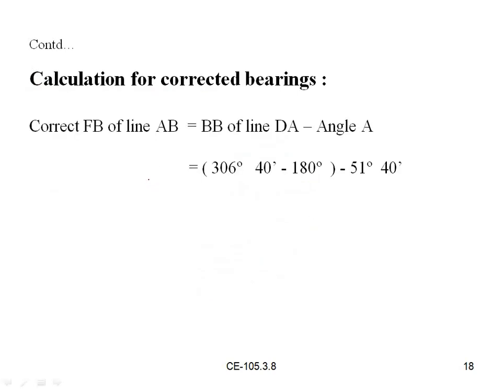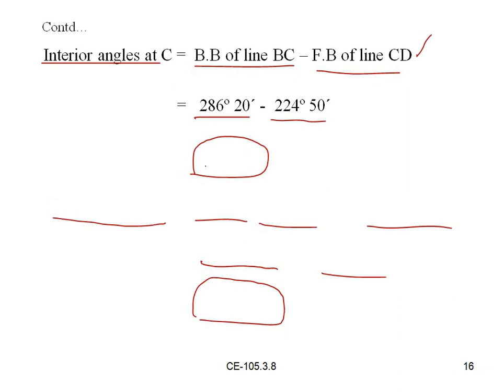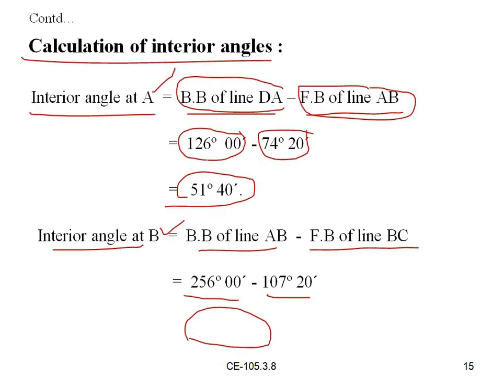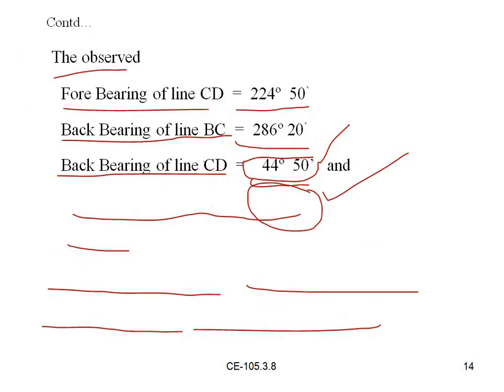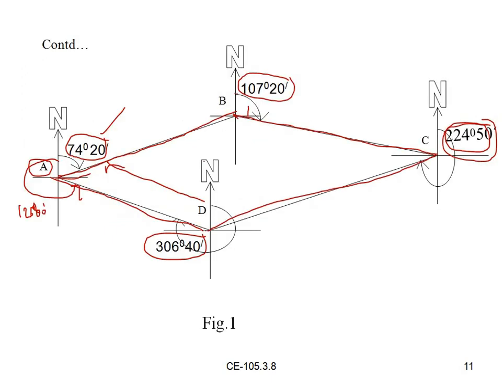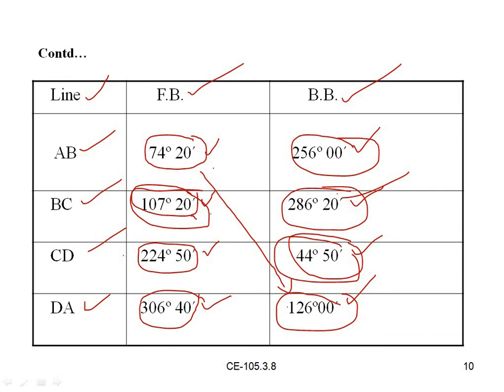Generally we have to observe everything: the forward bearing and backward bearing given at the station points. We have to check in the table itself. In the table we can do everything: 74 degrees 20 minutes minus 256 degrees, we will get some value.